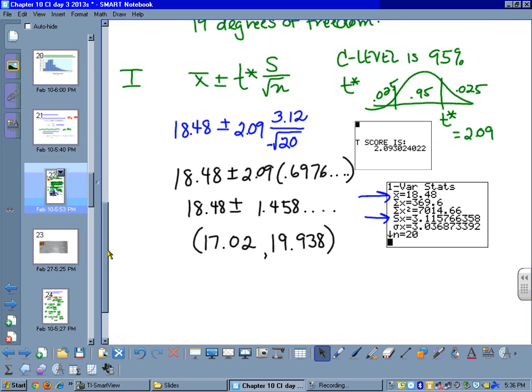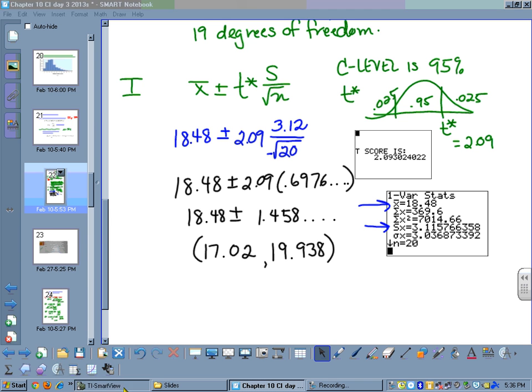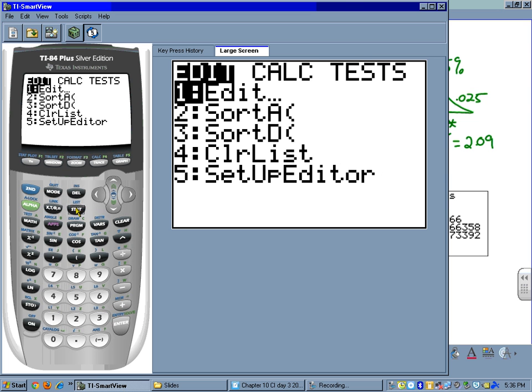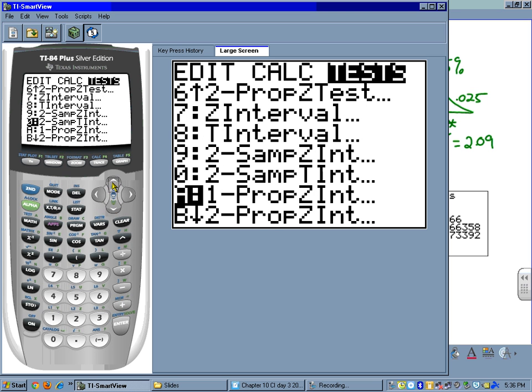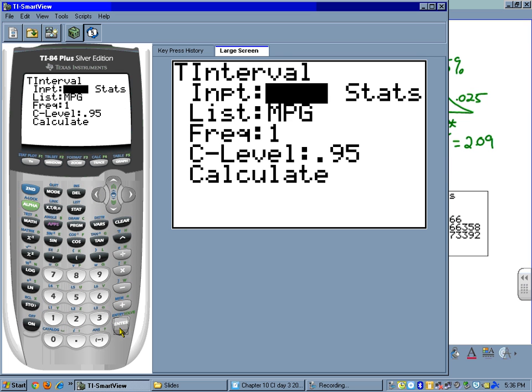And now I'm going to show you, if you don't have the program T area, how we can double check that. We can double check this and get around having to calculate the t-star just for checking purposes, and for those of you who weren't in class today, by choosing stat over to tests down to a t interval, which is number 8. We have data. It is called MPG.